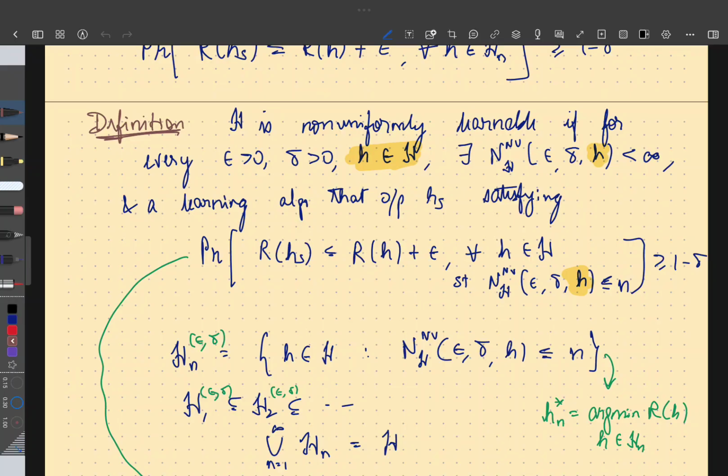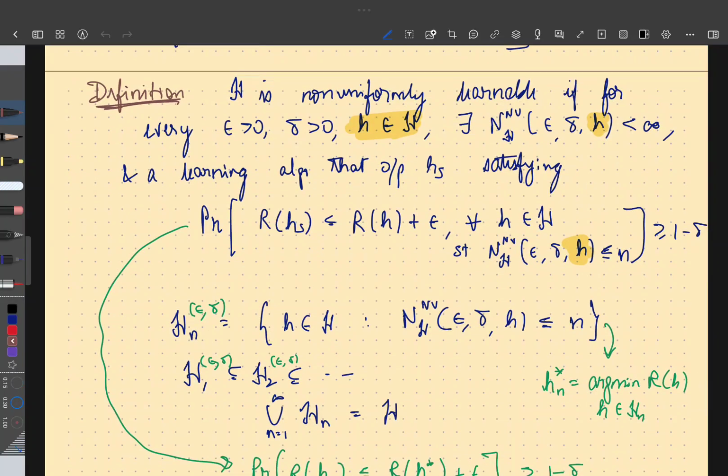And so for this we defined non-uniform learnability, wherein in some sense the rate of convergence of the generalization error of a good predictor is maybe not epsilon close to every single hypothesis within the class, but it's at least better than something which depends on the number of samples.